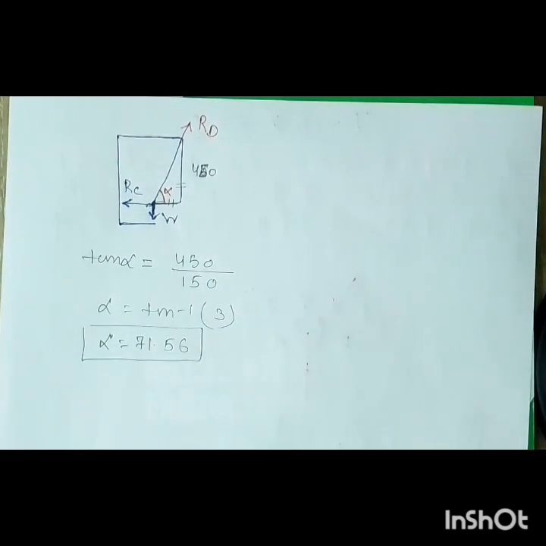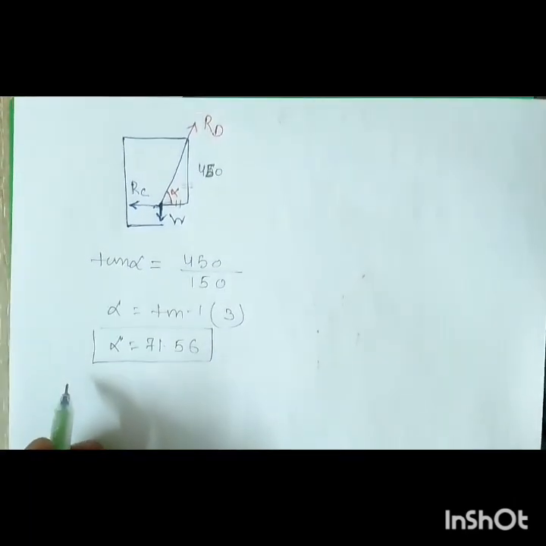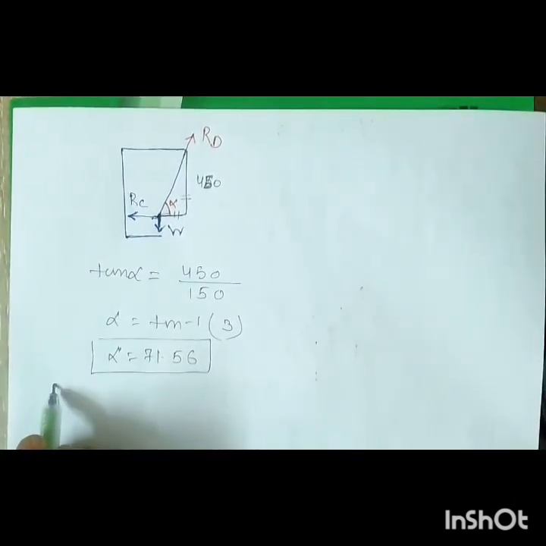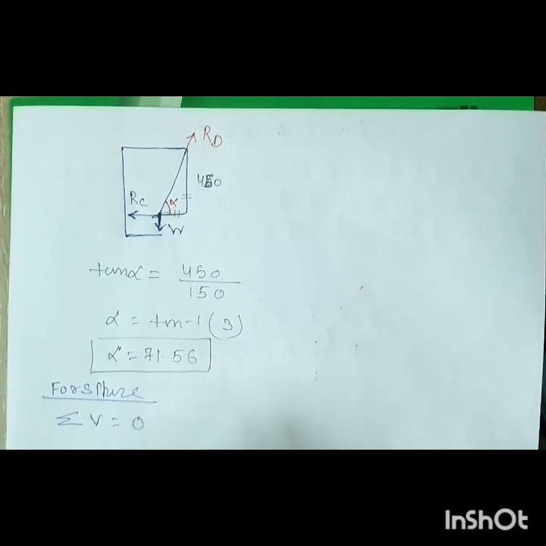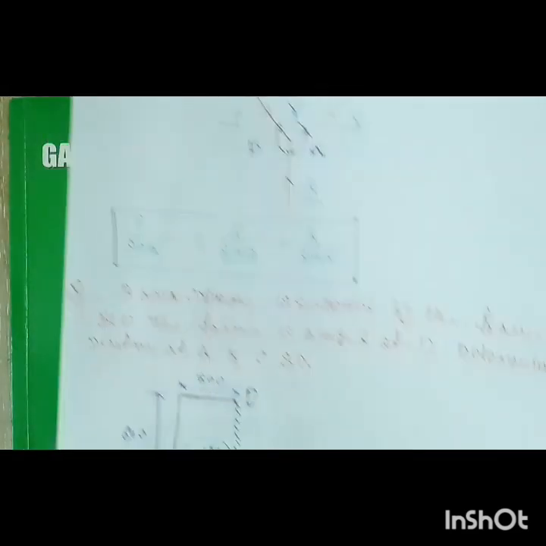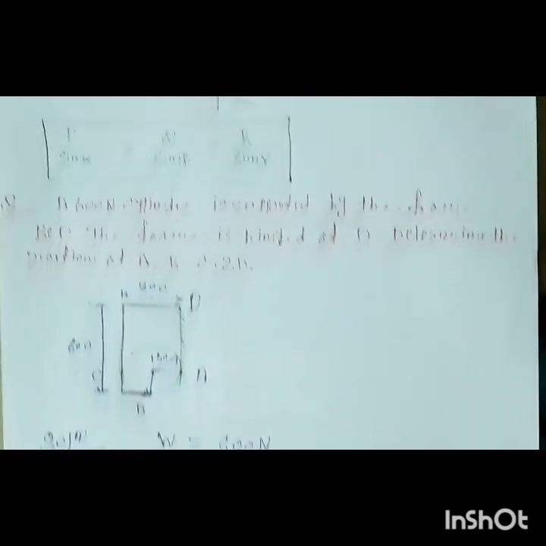Now after finding the alpha, first we can write for the sphere. For the sphere, summation V and summation H we will write. Summation V is equal to 0. Summation V means what? What are the vertical forces for this sphere?